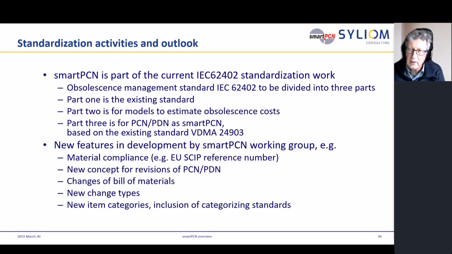This should allow recycling to find out what materials and substances are in a product. And this is required by law for everybody that sells something in the European Union.